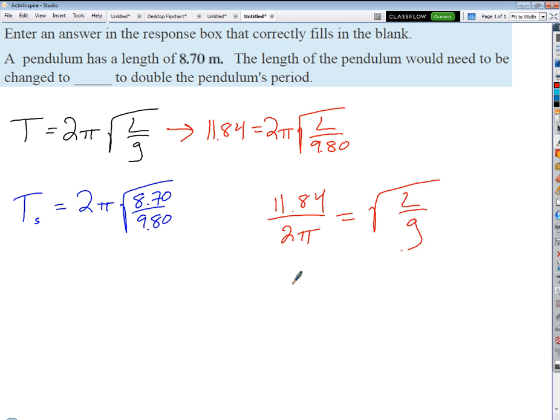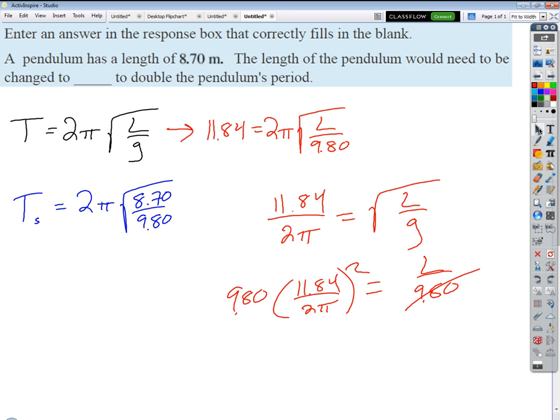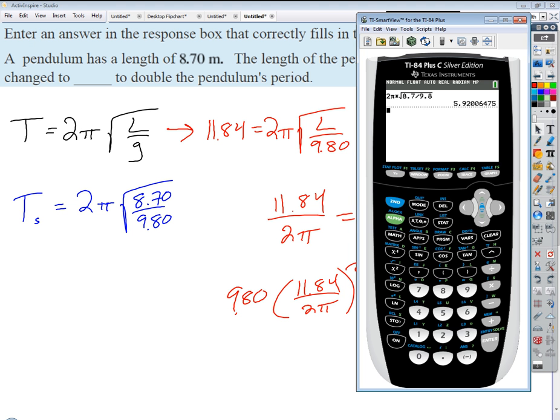So then I get this. Multiply each side by 9.80. And I got it, right? So what's that give us? 34.8.